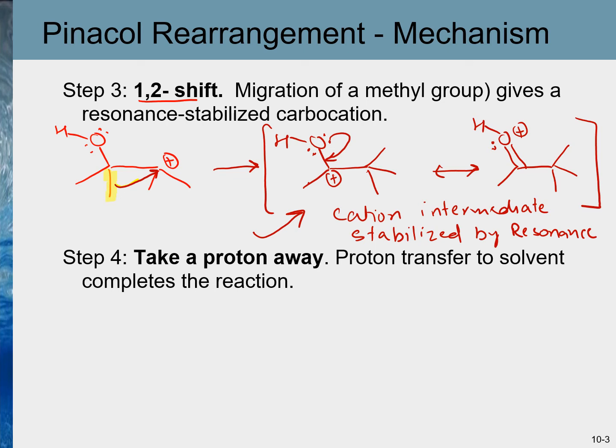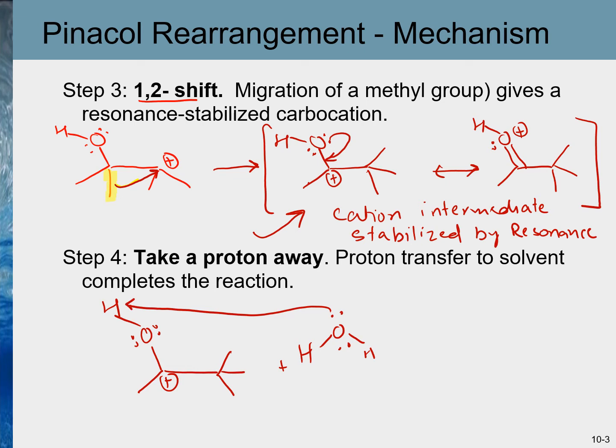So the final step will involve the resonance stabilized carbocation and water will remove this proton, and it will result in formation of a pinacolone in which there is a ketone group, and this product is known as pinacolone.